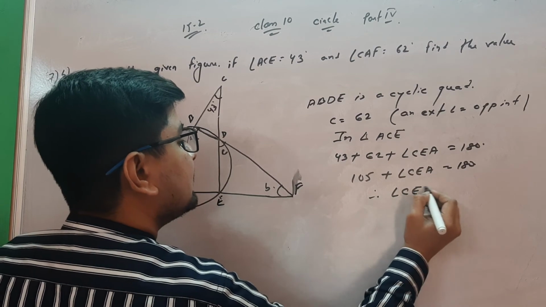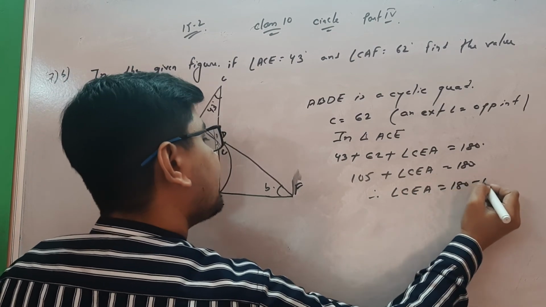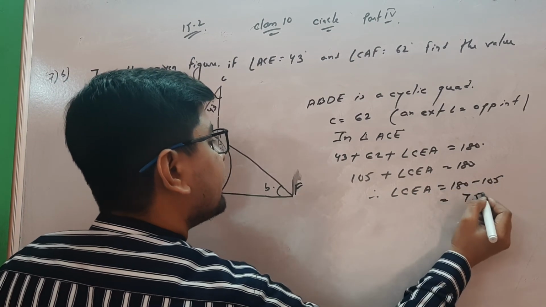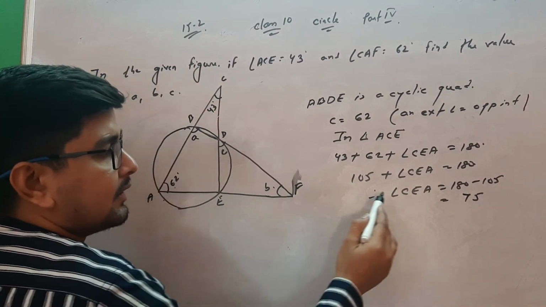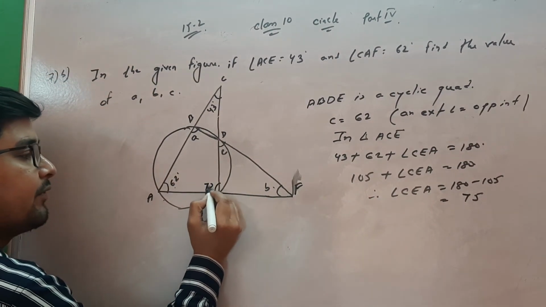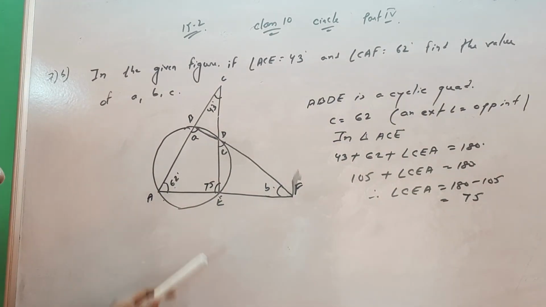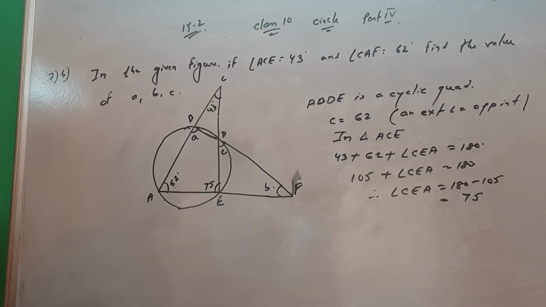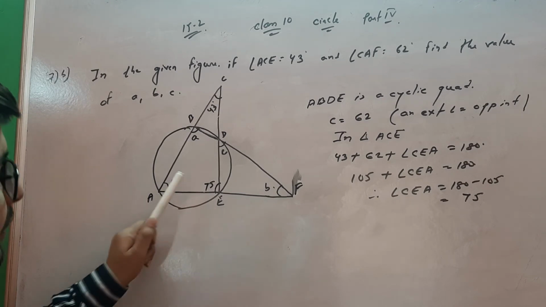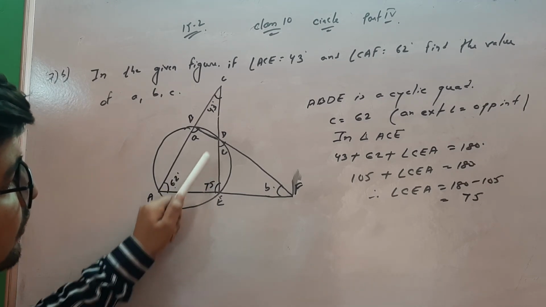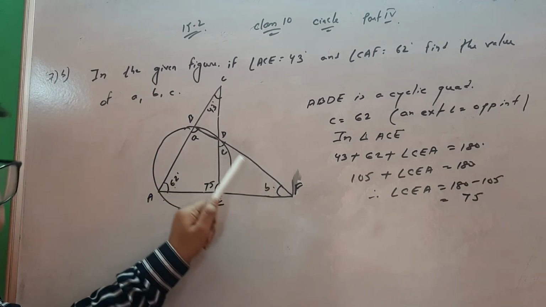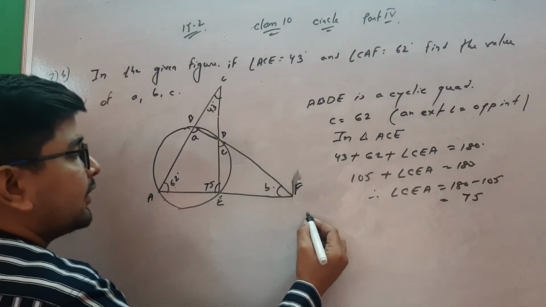Therefore angle CEA equals 180 minus 105, that is 75. That means this one is 75. We know that the sum of interior angles of a triangle is 180 degrees. Why do we calculate this? Because we know that an exterior angle equals the sum of the two opposite interior angles. So we can easily write it down.